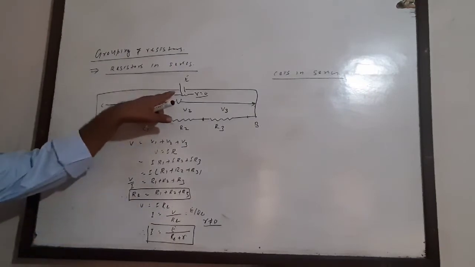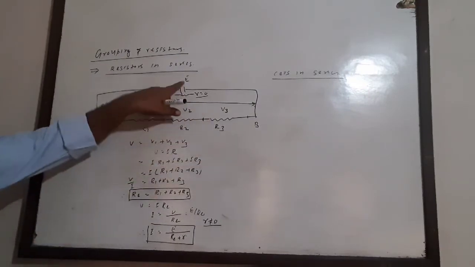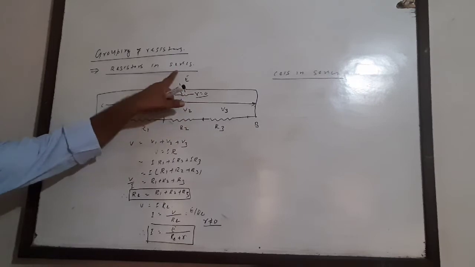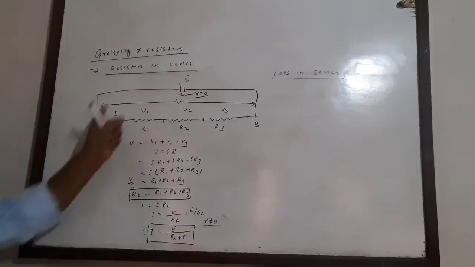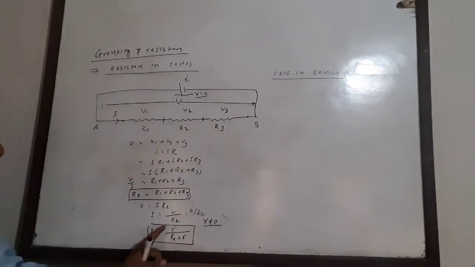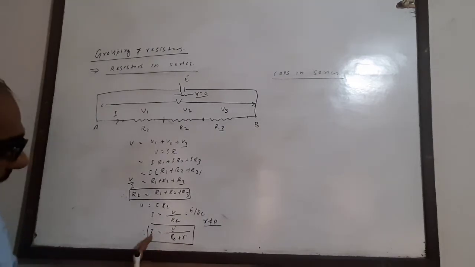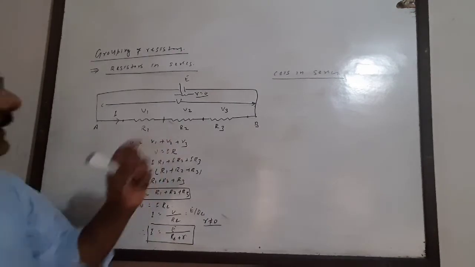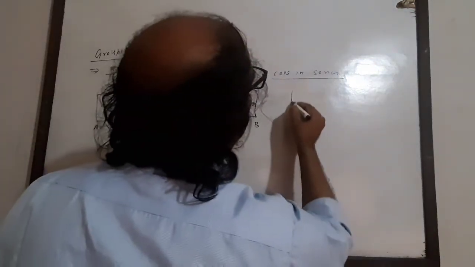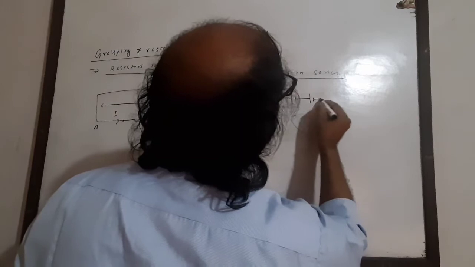If only a single cell of EMF E and internal resistance r is used in this circuit, then I is equal to E by (R plus r), meaning total current equals total EMF by total resistance. Now consider a number of cells in series.